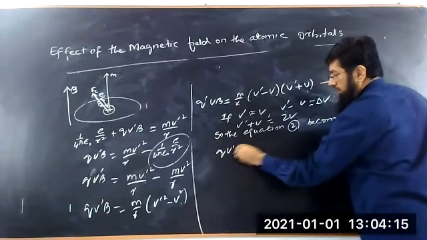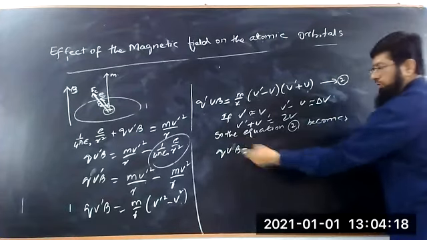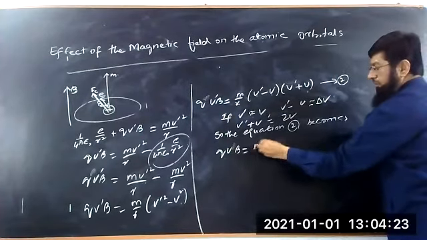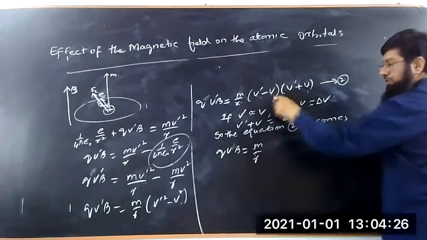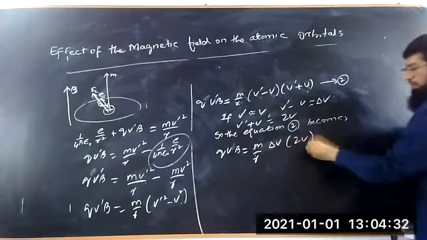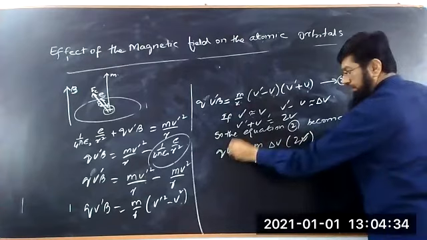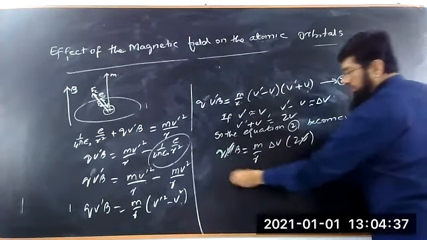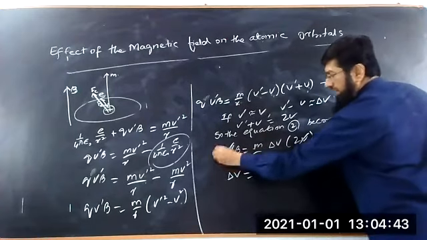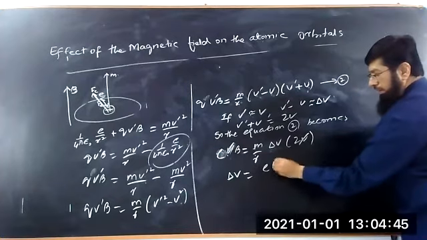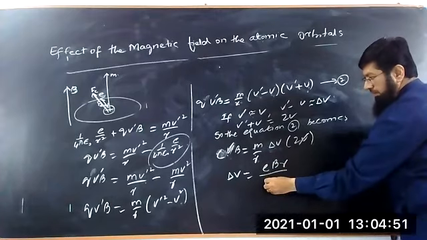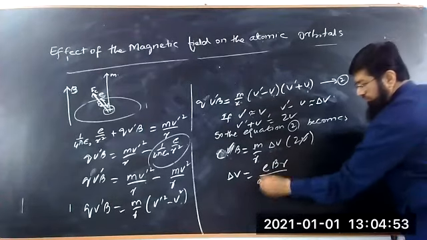So equation number 2 becomes Q V dash B, or V dash is approximately equal to V, so Q VB is equal to M upon R. This V dash minus V is equal to delta V, and this V dash plus V is equal to 2V. So V cancels. Here delta V is equal to QB, and Q can be written as e charge, so EBR upon 2m.